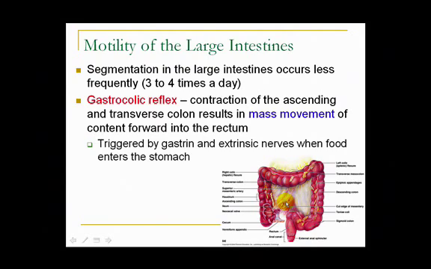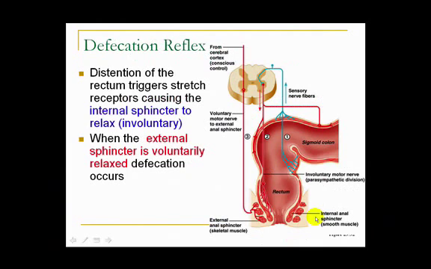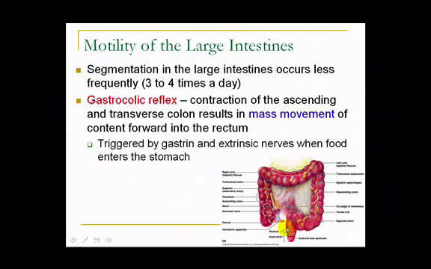And what happens is the ascending and the transverse colon contract, and there's a mass movement of the content into the rectum. So it's kind of one big movement. It will do segmentation a few times a day, and then when a new meal enters, you have this mass contraction that forces the food, or what's left, the indigestible material, into the rectum.